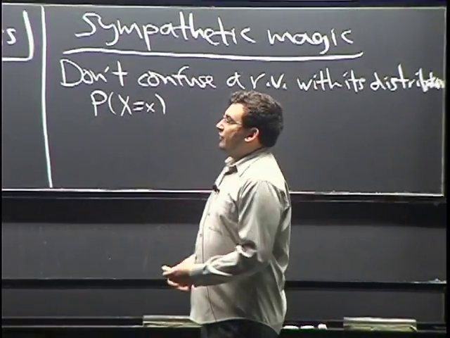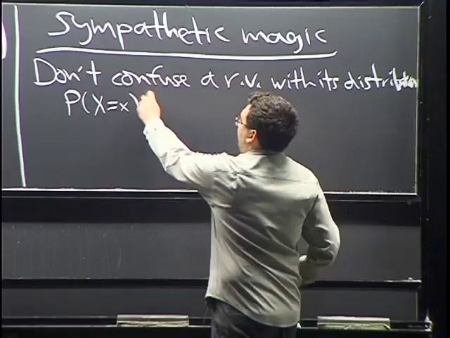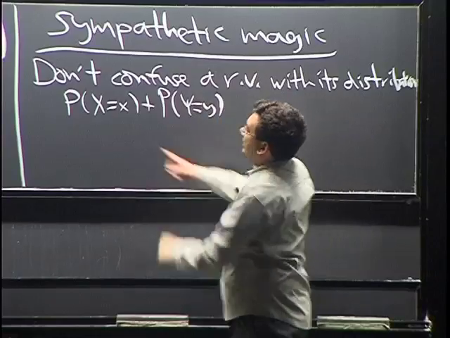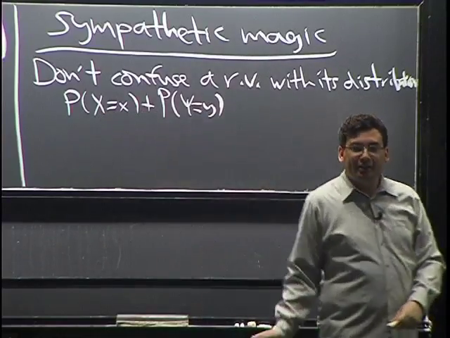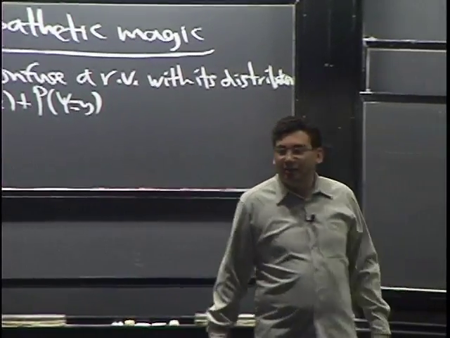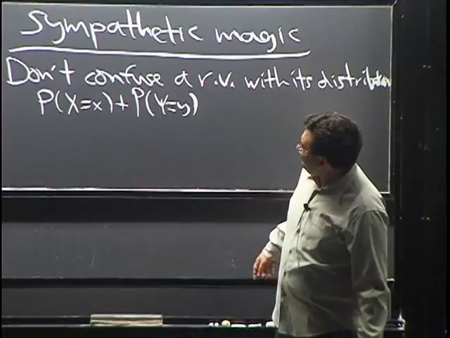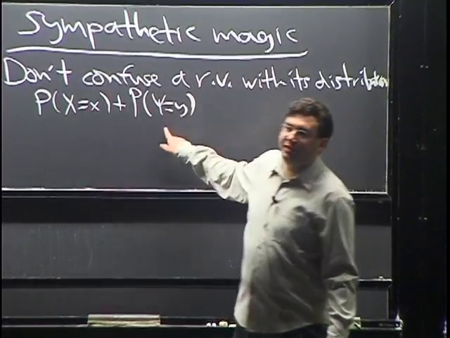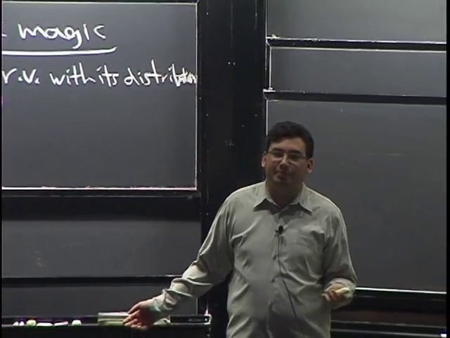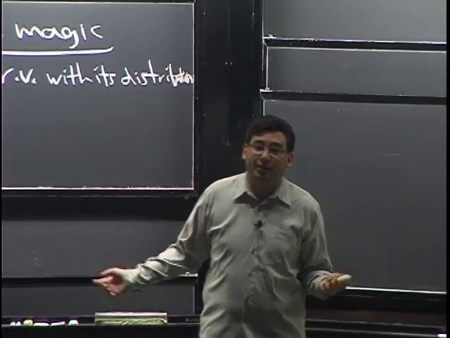So we have different methods for dealing with that, but we never said, well, take P of X equals x plus P of Y equals y. That's the PMF of X plus the PMF of Y, and somehow this is supposed to relate to X plus Y. Well, first of all, if you add up two probabilities, there's no reason from what I wrote to think that would still be less than or equal to 1.